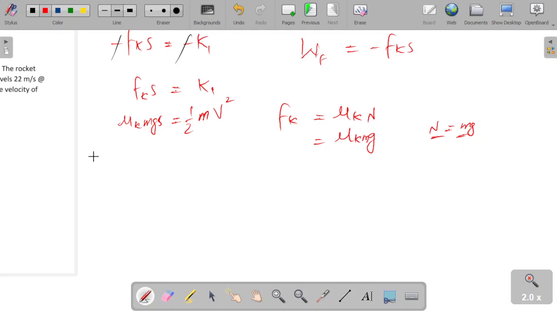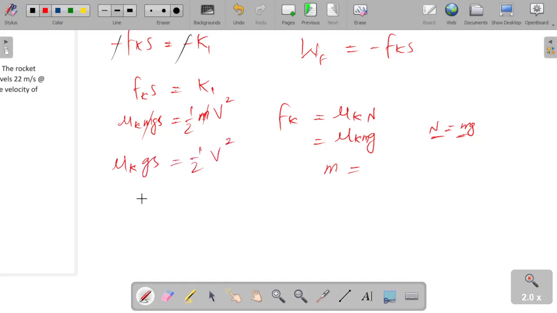What was the mass of this? The m will cancel out with each other. What is the m? Actually m is the combined mass of the bullet and the block. That will cancel out each other. So mu k g s is equal to 1 over 2 v square.